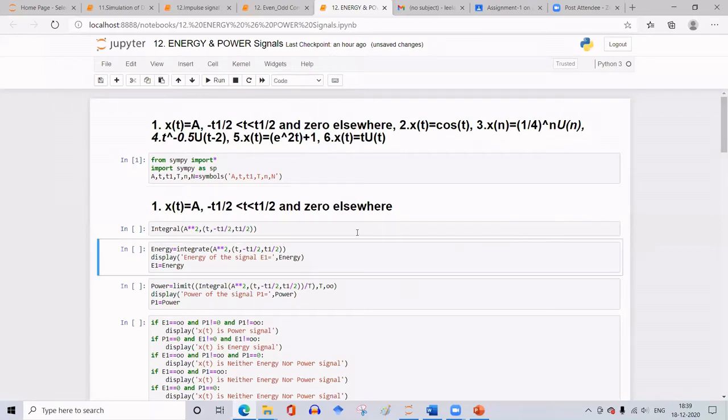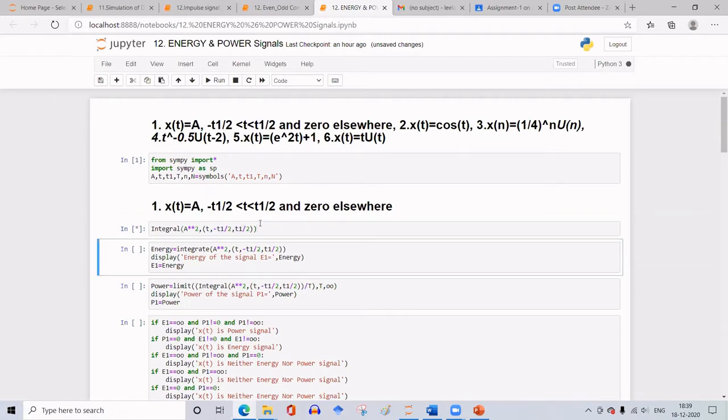That is the definition of energy of a signal. Now the signal exists only between minus t1 by 2 and plus t1 by 2, so we integrate between those limits. Using SymPy, first let me write that integral: the integral of x of t whole square, that is A square, with respect to t between minus t1 by 2 to plus t1 by 2.